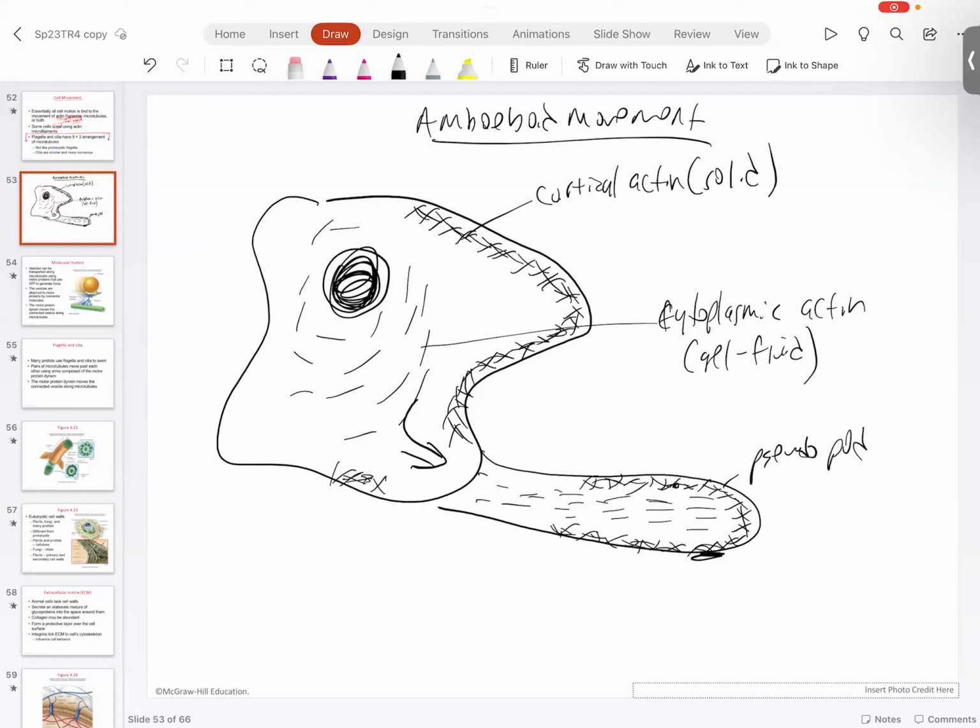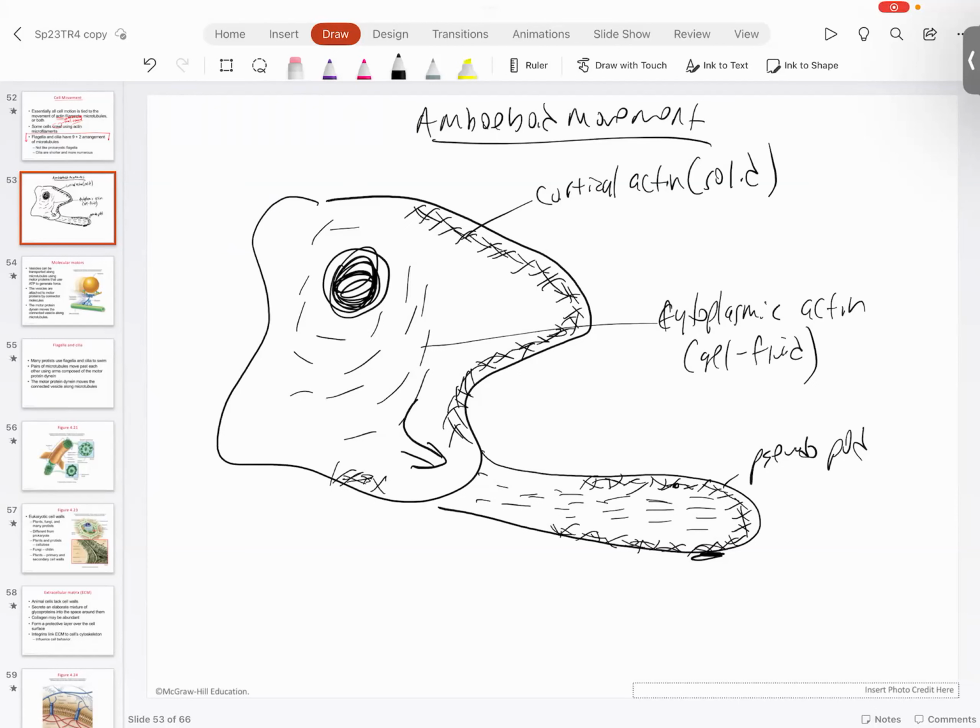And then if you want to move the rest of your body over there, you just break down your cortical actin and kind of use the fluid to pull yourself along, and you rebuild your cortical actin. So as amoeba move and as your white blood cells move, they're constantly doing this dynamic breaking down of your cortical actin, pushing against your membrane, moving somewhere, rebuilding your cortical actin to keep you there, right? And then breaking it back down again to go somewhere else. So you're constantly doing this back and forth with your actin.